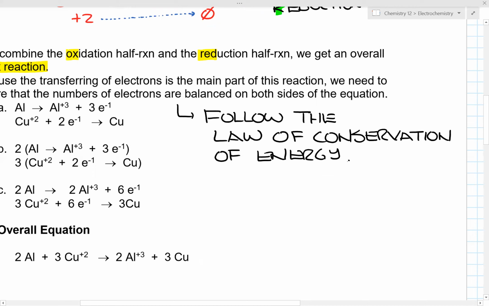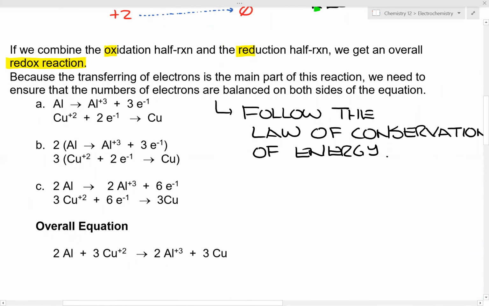Okay, I don't know if you were taught this in grade 10 or you learned it in physics, but in regards to the law of conservation of energy, energy cannot be lost or gained, can only be transformed.